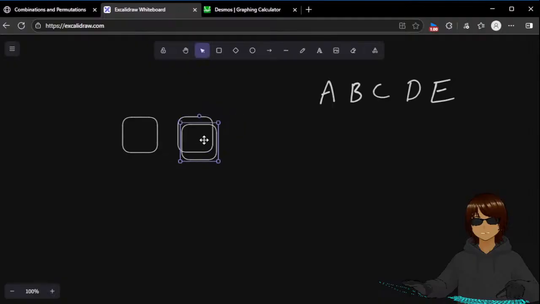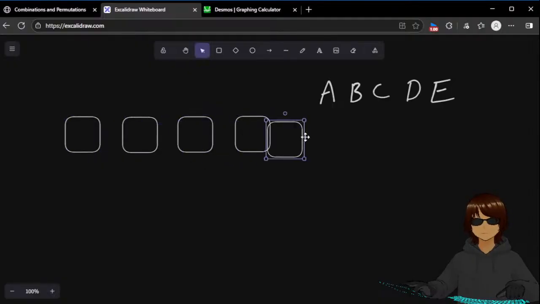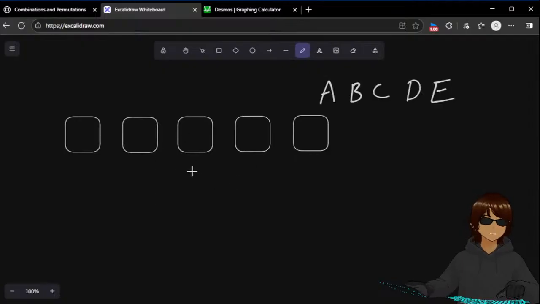I have 5 boxes, and I need to fit these letters over here. So what are the total arrangements I can do?